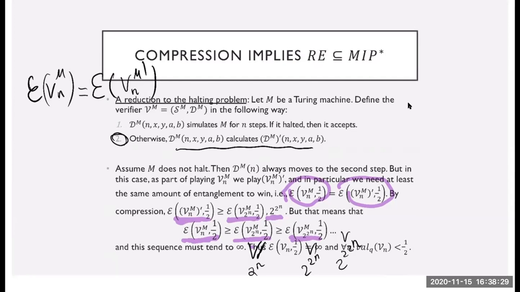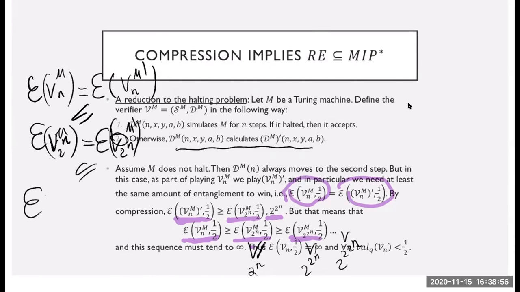Okay, but we saw that this is larger or equal to E of V_{2^n} M, which is the same as E of V_{2^n} M prime, but this is larger or equal to E of V_{2^{2^n}} M, and all the equals are because of the second clause here, and all of the larger-or-equals are because of the compression theorem.